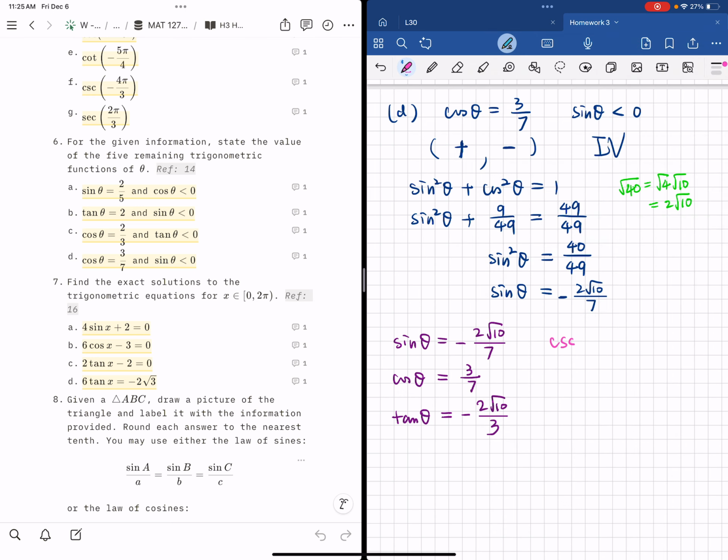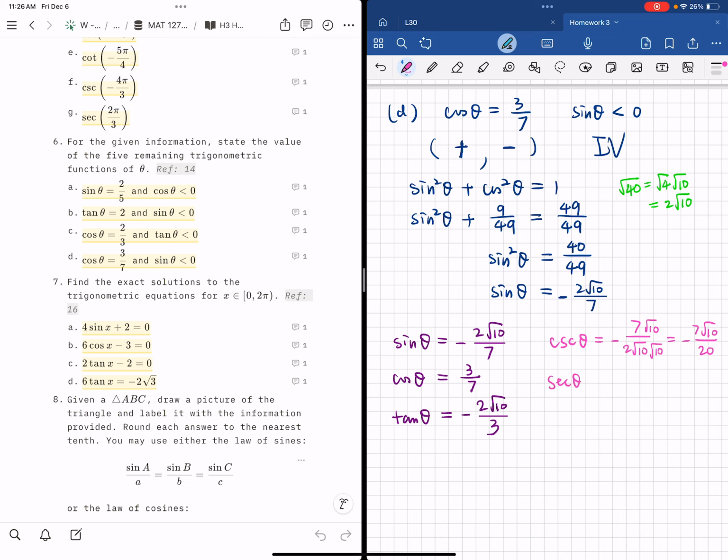First is cosecant. It'll be the reciprocal of sine: negative 7 over 2 radical 10. We're going to rationalize this. And that will be negative 7 radical 10 over 2 times 10, that's 20.